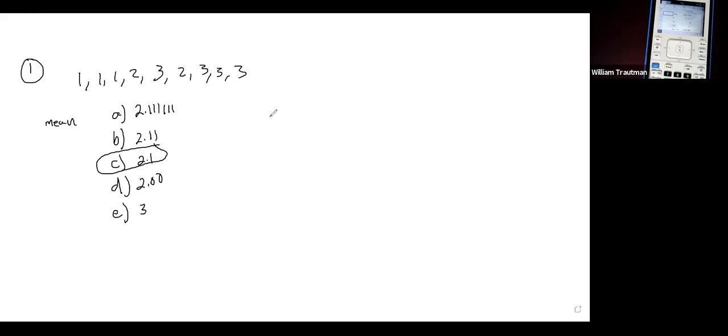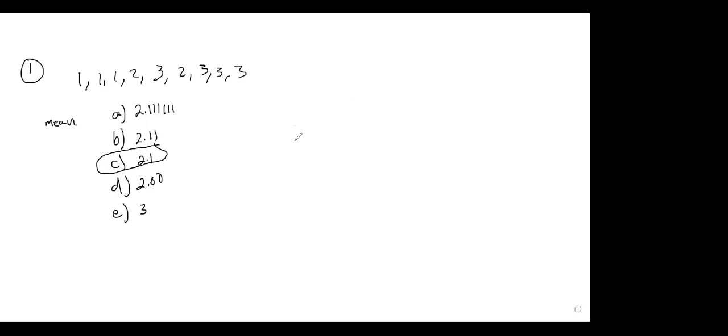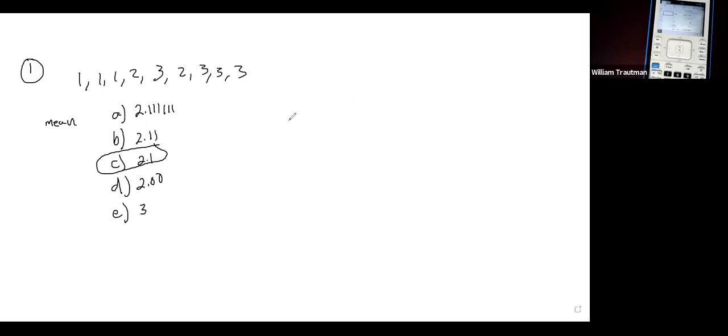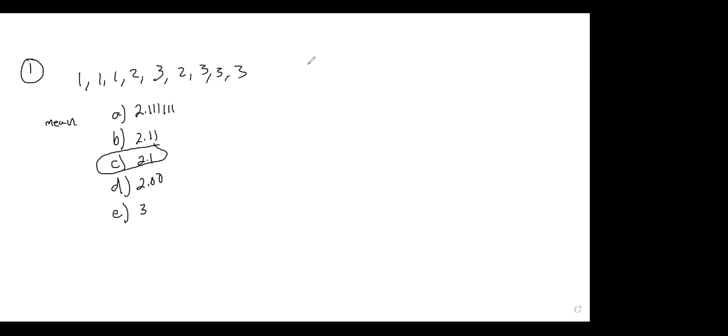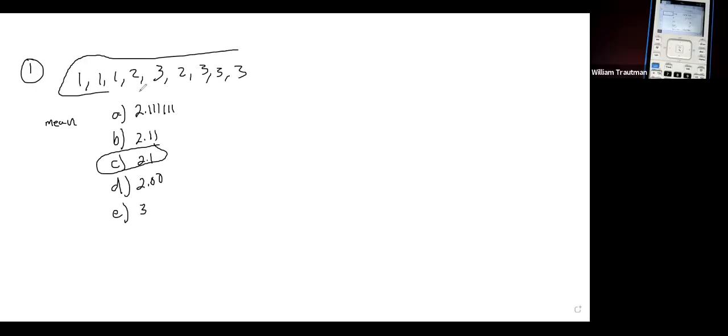Why is it 2.1? Can somebody explain why the answer is C? Is it for two significant figures? No, that's not the reason why, because there still needs to be a decimal. Yes, well, because the data is whole numbers, and your answer can be one decimal more than what you have.